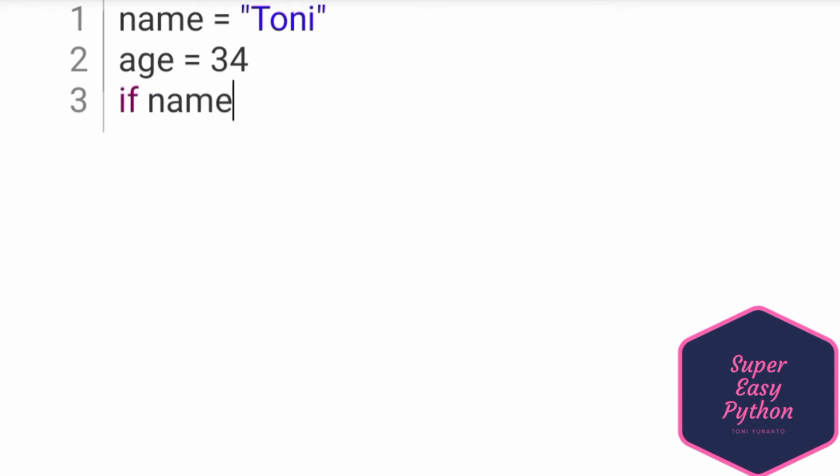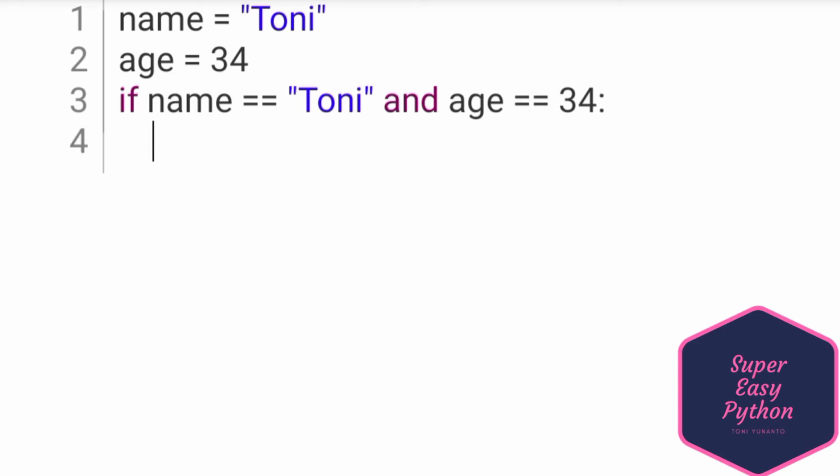If name double equal quotation Toni, and then we're going to use the Boolean operator of and, age, and then double equal 34, and then don't forget the colon, and then print, and then quotation, and then the statement.